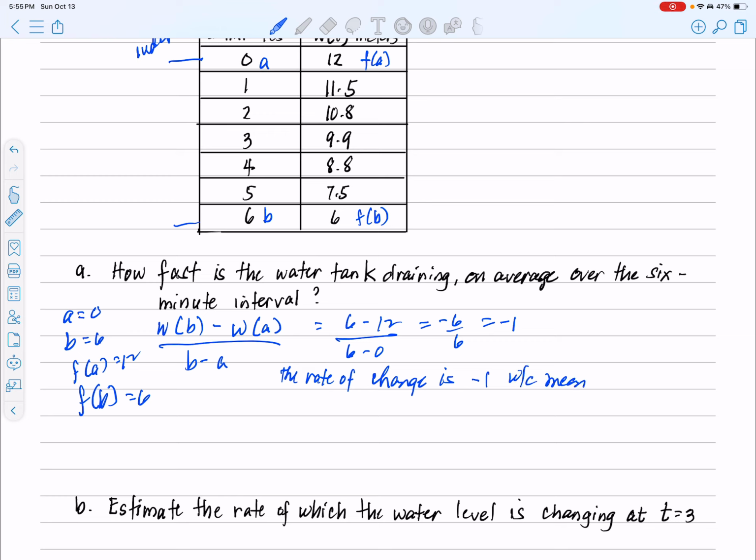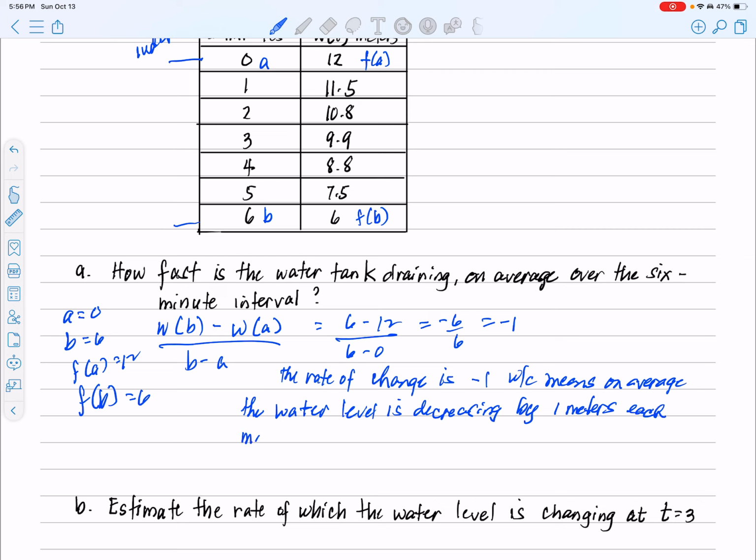So it means on average, so regularly, the water level is decreasing by 1 meter. The water level is decreasing by 1 meter. By what?